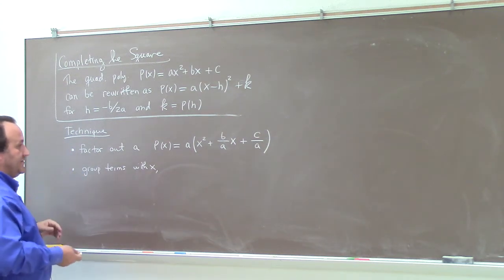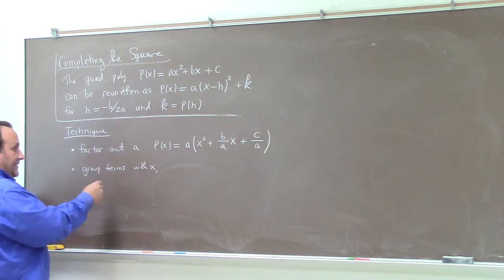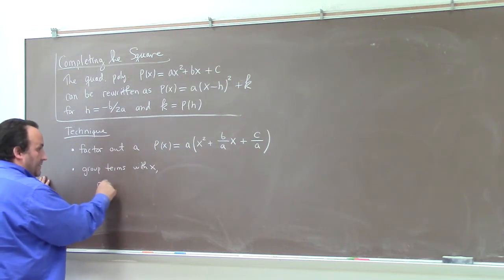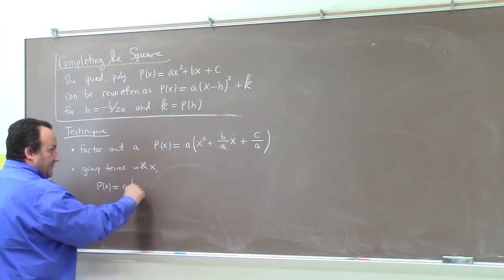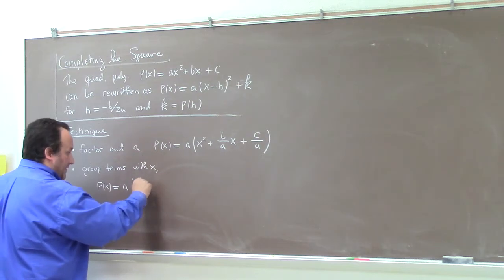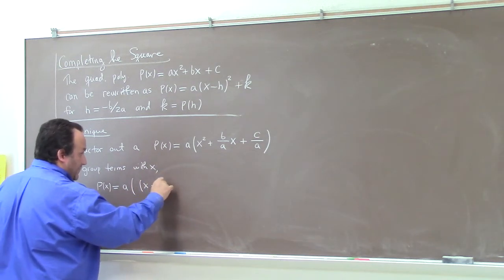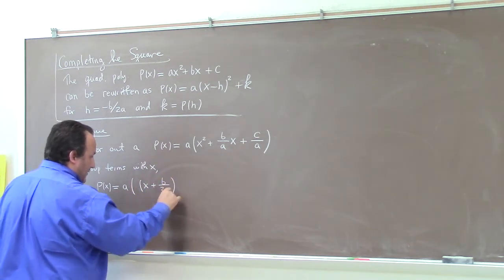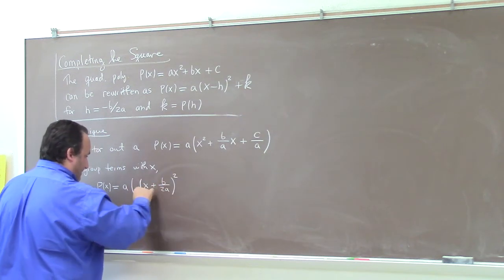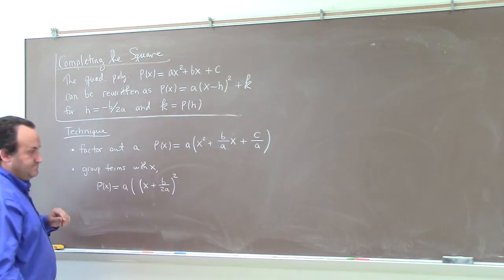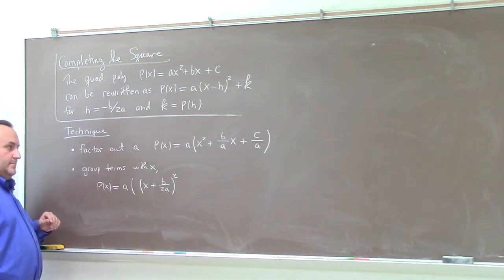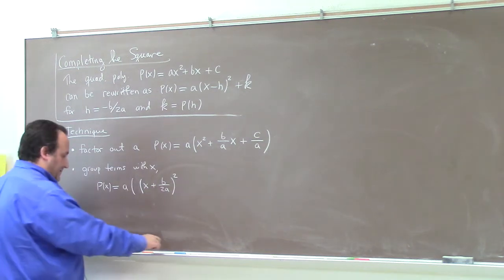Group terms with x. What do I mean by that? We write p of x is equal to a times parentheses x plus b over 2a quantity squared. Now, think about foiling this out.